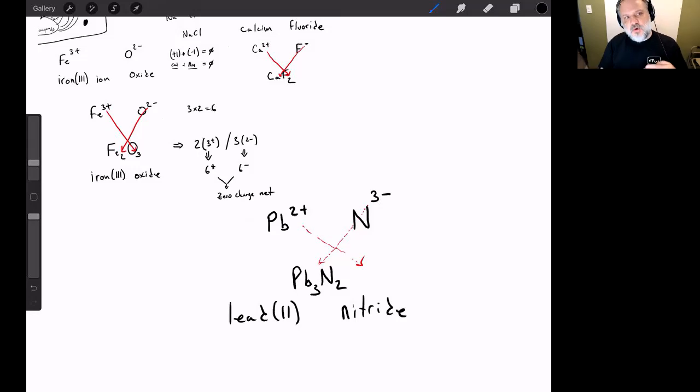You won't know what the charge of the lead 2 ion is unless the reader tells you, because lead is one of those post-transition metal atoms, and it's not predictable. It's not predictable like sodium and potassium and lithium and calcium and magnesium. It's not predictable like nitride and chloride and oxide and sulfide.